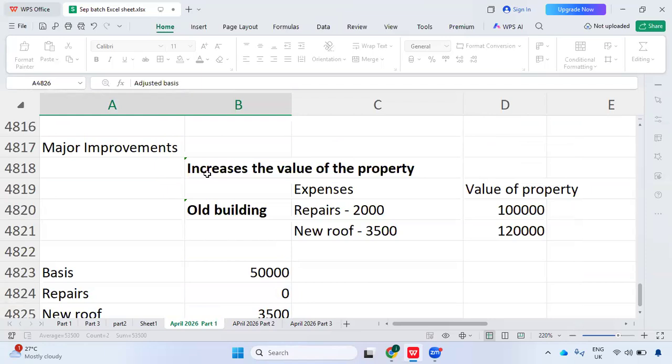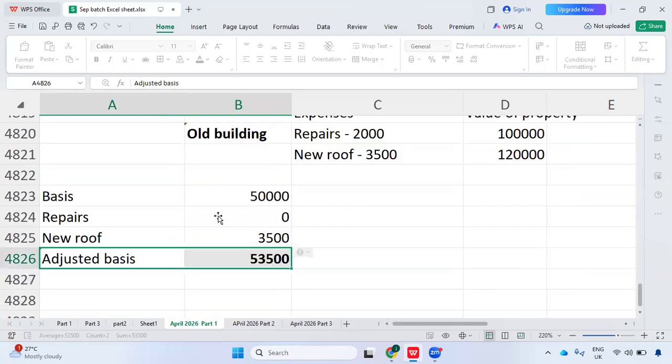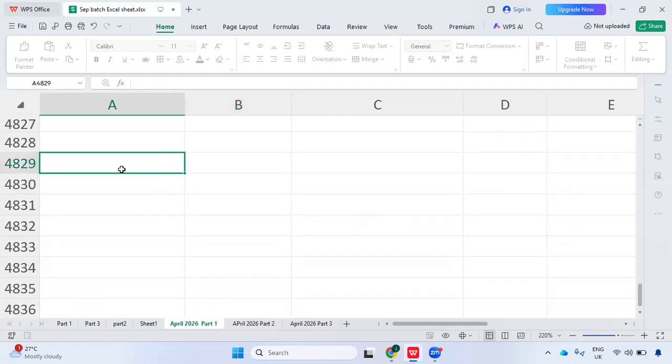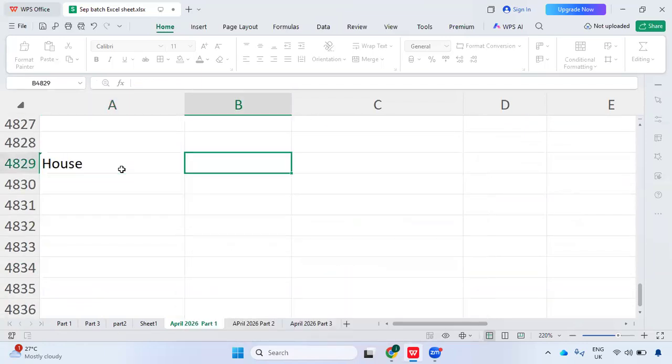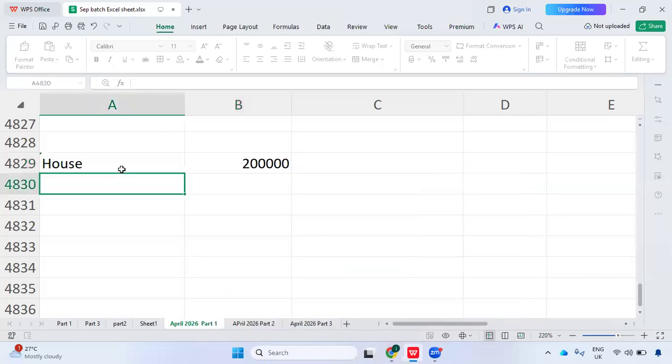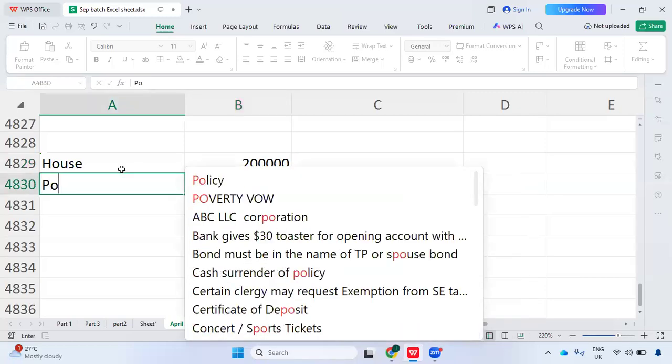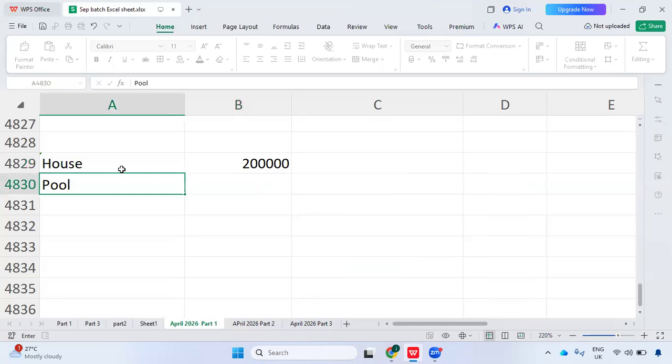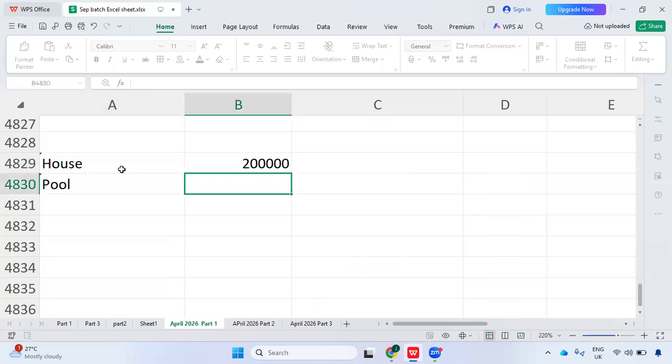So if any expenses increase the value of the property, we can add them to the basis, right? Yes. And let's say there is a house. The house basis is around $200,000, and the taxpayer placed a pool at the house.